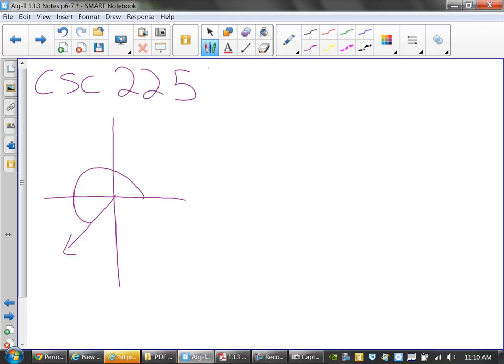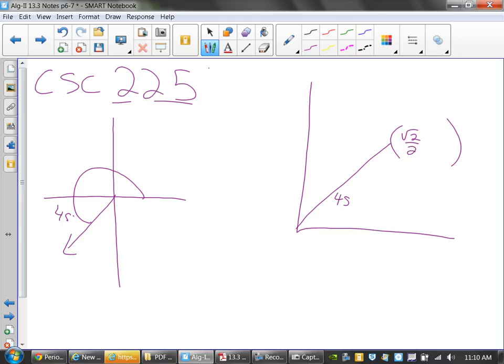When we're dealing with degrees, you can give me degrees. When it's in degrees, you stay in degrees. If it's in radians, you stay in radians. 45. Yes, sir. Now, again, that means it's mirroring what our 45-degree angle did here. And I'm looking for the cosecant.